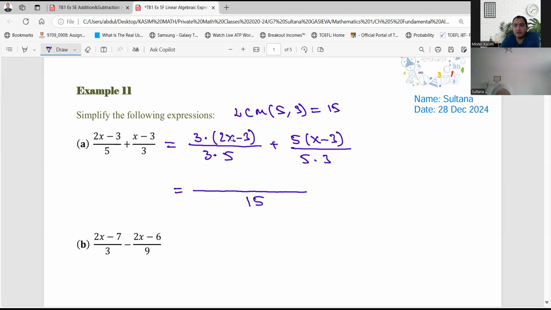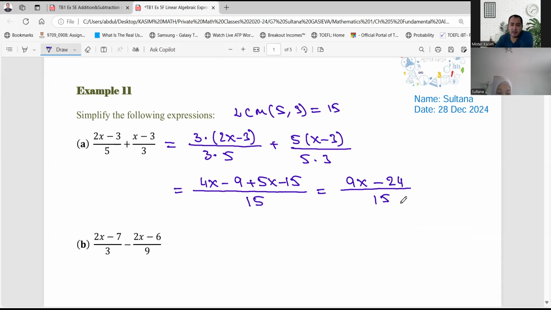And now we know how to use the distributive property. 2 times 2x is 4x minus 9, plus 5 times x is 5x minus 15, right? And again, we simplify. 4x plus 5x is 9x. Negative 9 minus 15 is negative 24. Now can I simplify further?